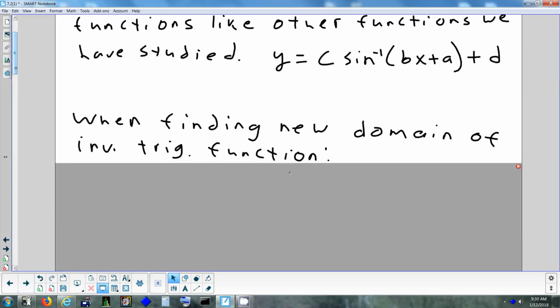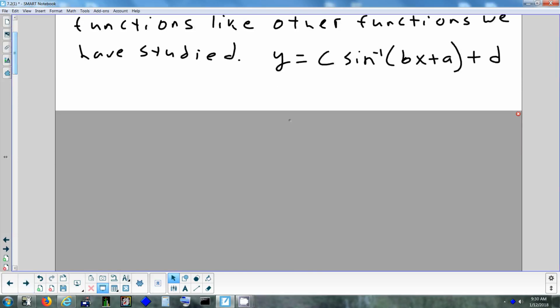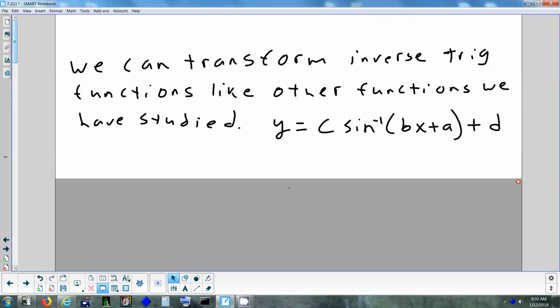Okay, so now that we just reviewed quickly what all the different letters do, A and B both have an effect on the domain. Those affect the domain because they're the left and right movement.